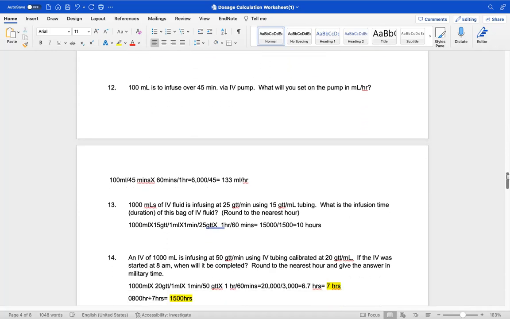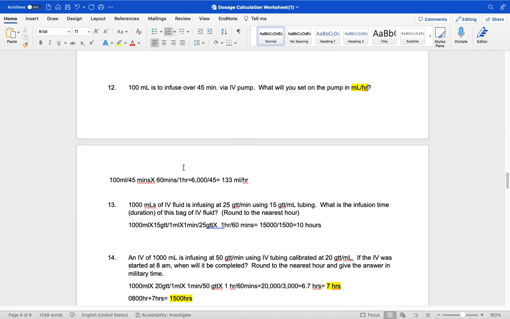On number 12, so we've got 100 mLs to infuse over 45 minutes via a pump. What will we set the pump at in mLs per hour? So it's giving us minutes. So again, highlight this. This is what we're looking for, mLs per hour. We're going to take that order, 100 mLs over 45 minutes. Now we're going to multiply that out.